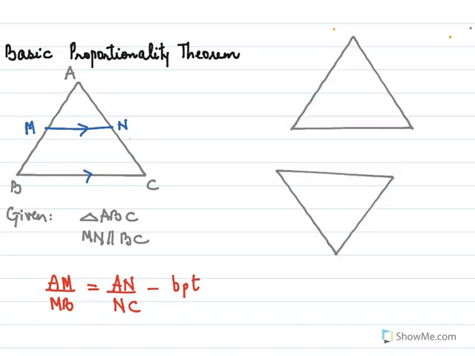We can also use it in other ways, like we have PQR. And here if we have XY parallel to PQ, now we can write RX over XQ will be equal to RY over YP.